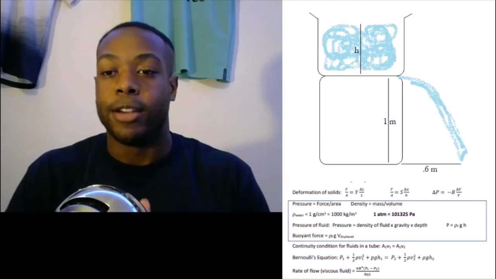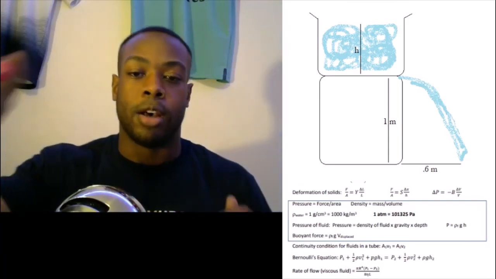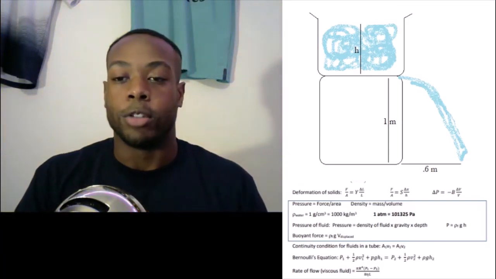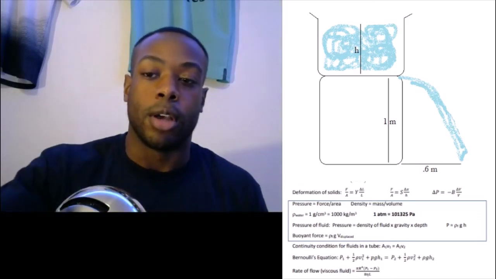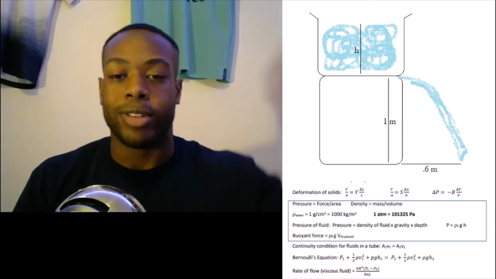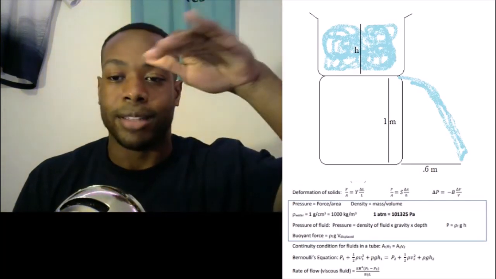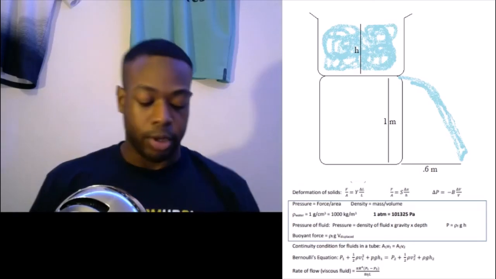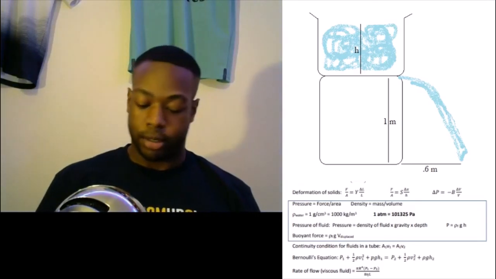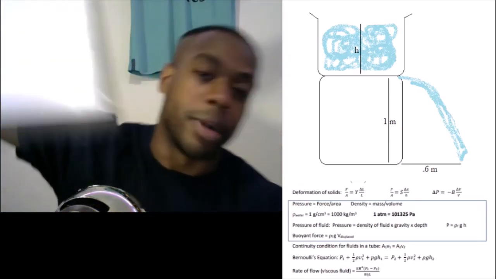So the idea here is that both openings or surfaces are exposed to the Earth's atmosphere, so the pressure will be the same. So the pressure at the top of the tank is going to be the same as the pressure where the water shoots out. So we can cancel out both the pressures.